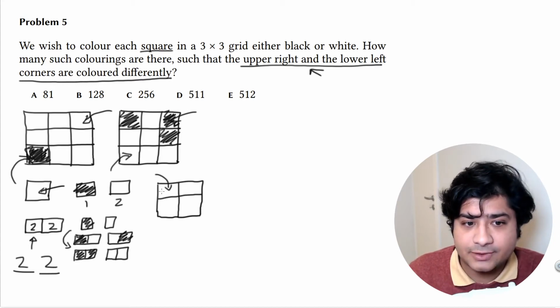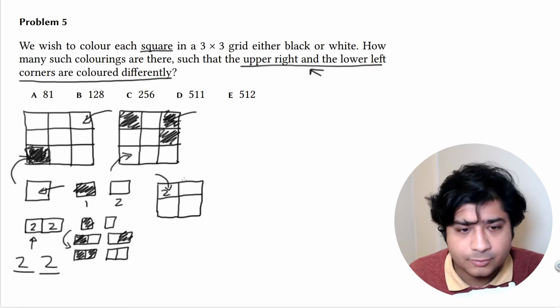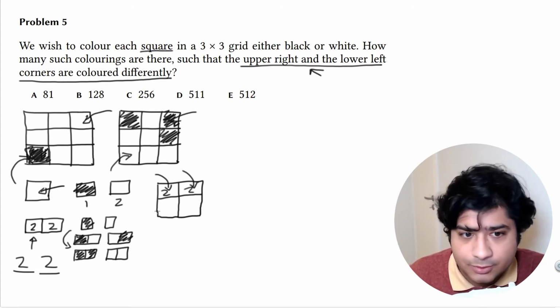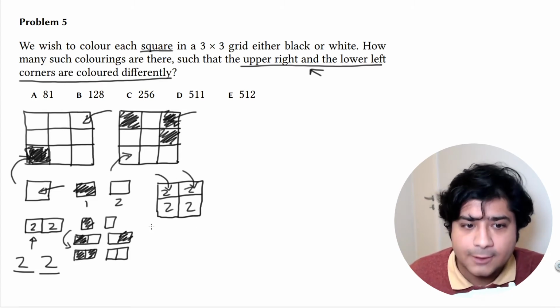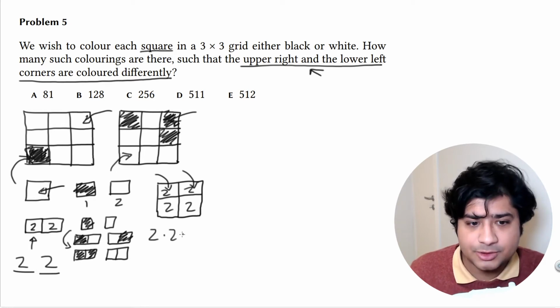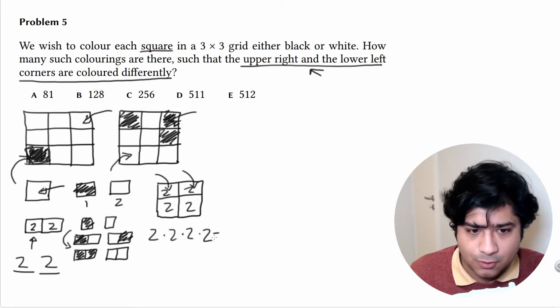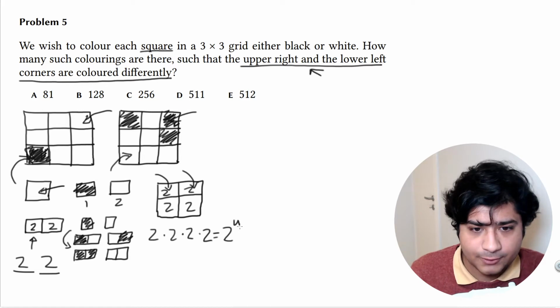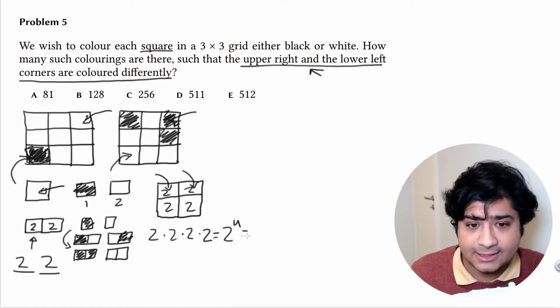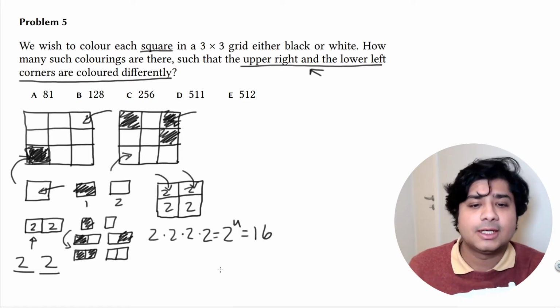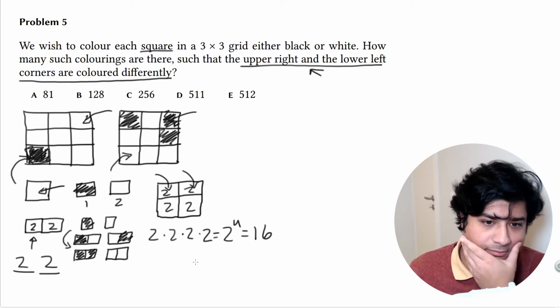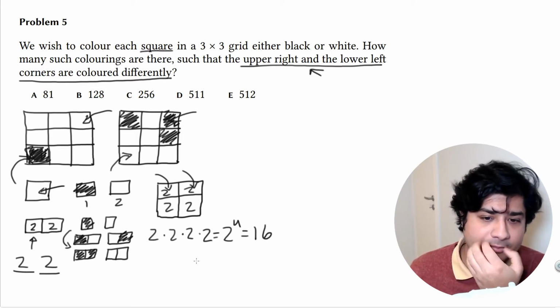How many possibilities for this one? 2. Okay, we do that for the second one. Well, it's going to be 2 as well. 2 and 2. And so we get 2 times 2 times 2 times 2. That's 2 to the power 4, which is 16. Okay. Now we're getting somewhere.